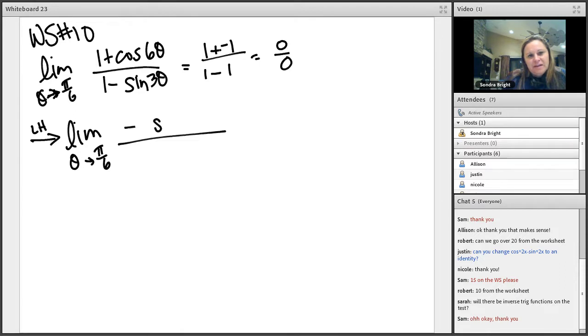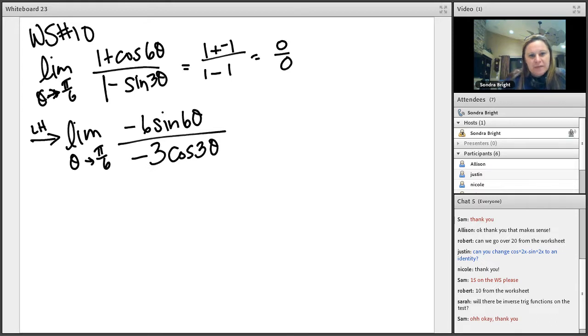So we have a negative sine of 6 theta, and the chain rule says times 6. The derivative of the bottom is the derivative of 1, which is 0, and then a negative derivative of cosine, which is positive sine of 3 theta, and then the chain rule says times 3.